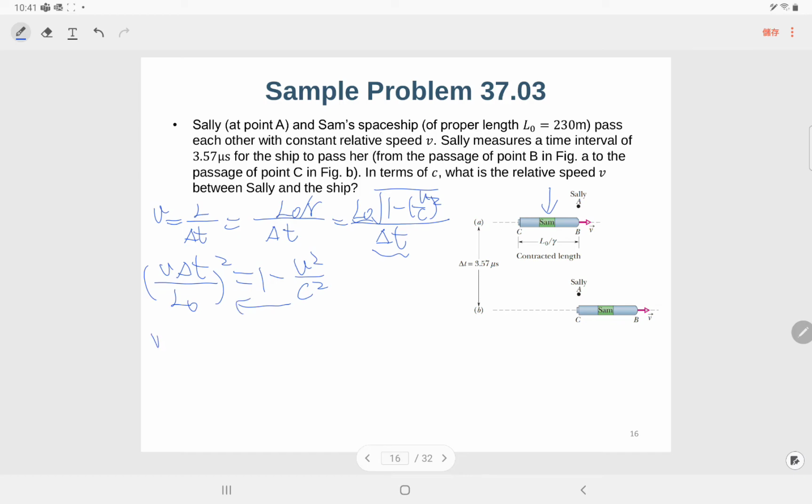So we have v squared times delta t over L0 squared plus 1 equals 1, and so v would be the quantity delta t over L0 squared plus 1 to the power of minus 1/2.